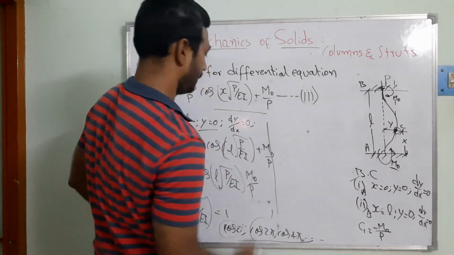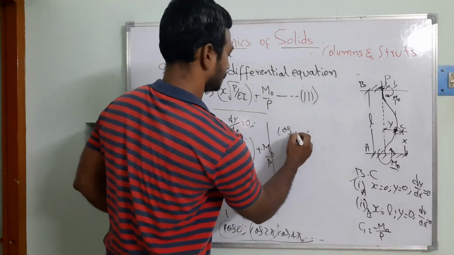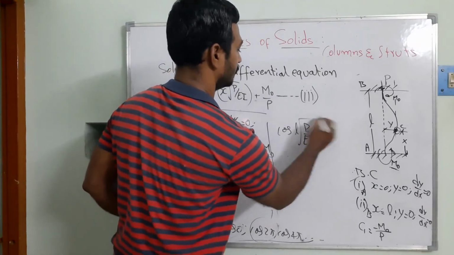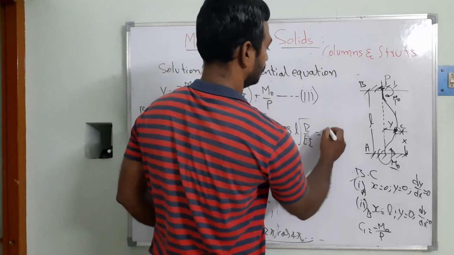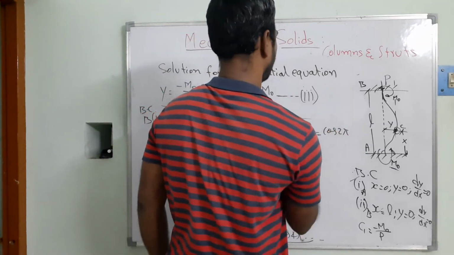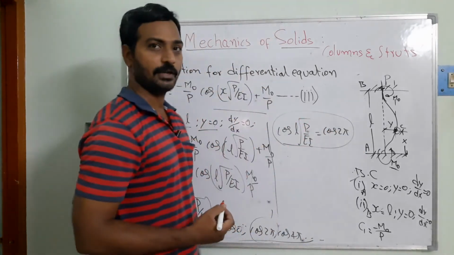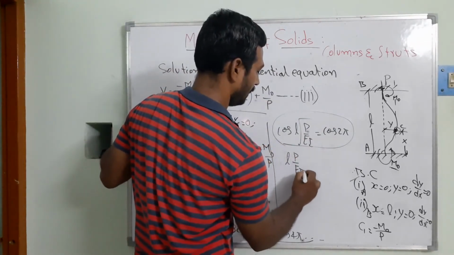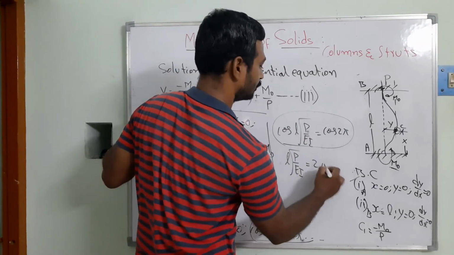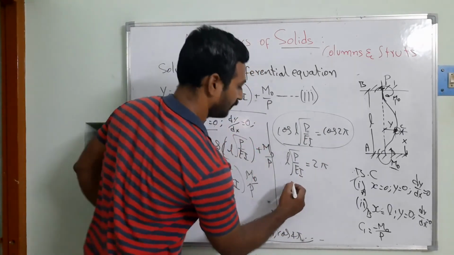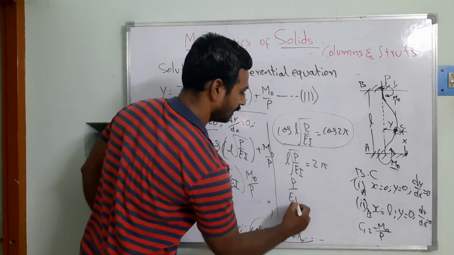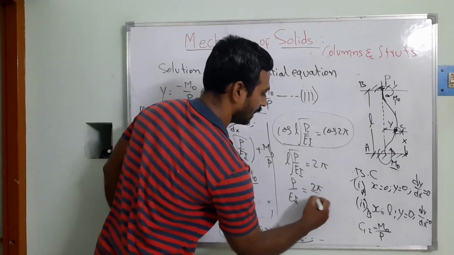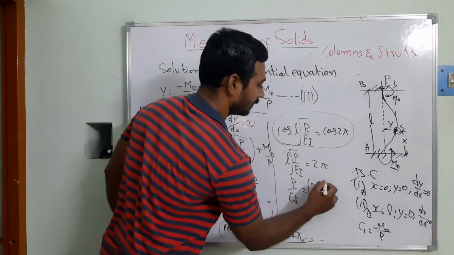So that I am going to take here cos L square root of P by EI, that is equal to cos 2 pi. If I simplify this equation, I am going to get L under square root P by EI is equal to 2 pi. So further simplification, P by EI is equal to 2 pi by L whole square we are getting.